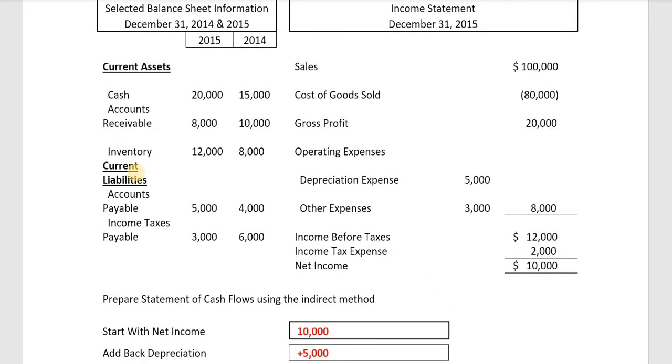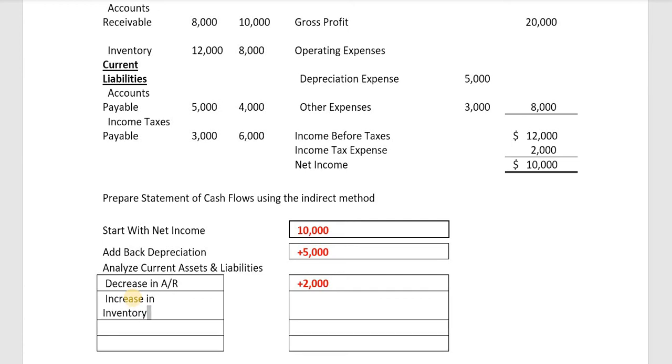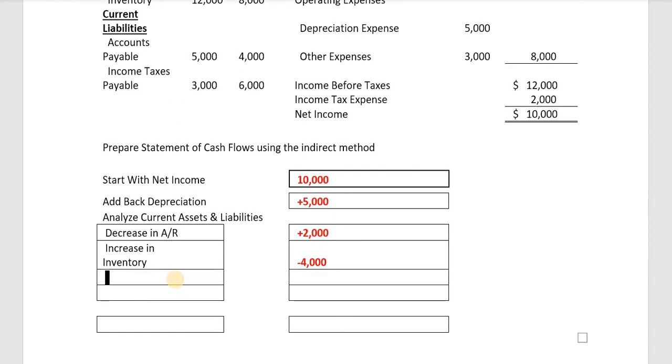How about inventory? Inventory went from 8 to 12, so inventory increased. So that's 4,000 that we spent. Let's move on. Accounts payable went from 4 to 5. So we've got an increase in accounts payable.